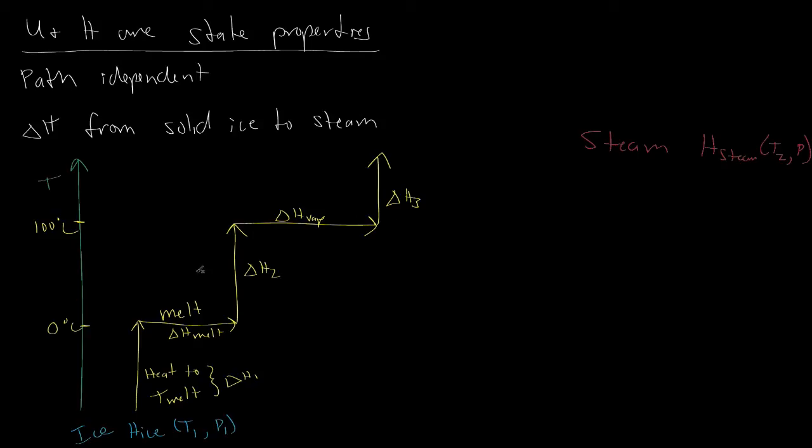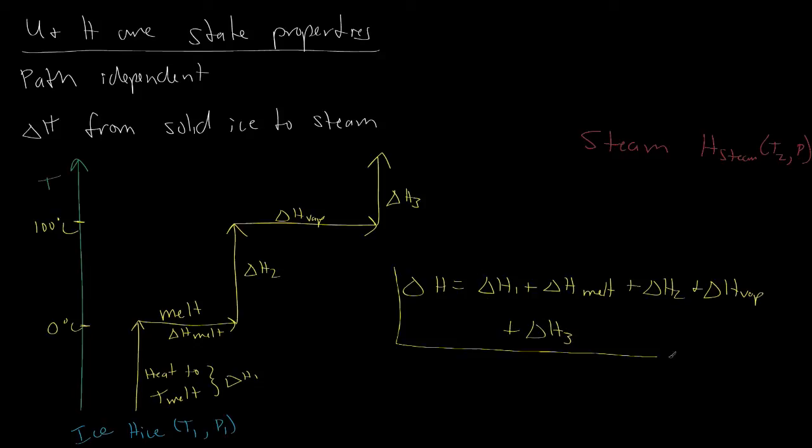Now the total energy that it would take to heat up a certain quantity of ice at its initial temperature all the way to whatever the arbitrary temperature of the steam is would be just adding all these together. Delta H is equal to delta H1 plus delta H of melt plus delta H2 plus delta H of vaporization plus delta H3.